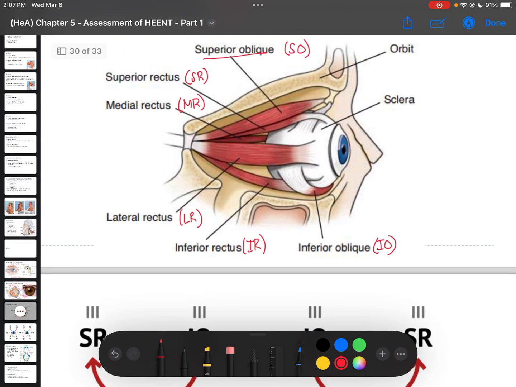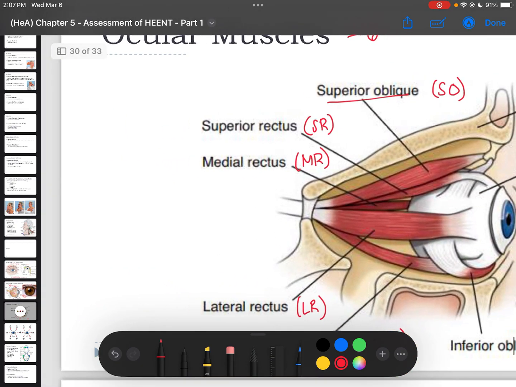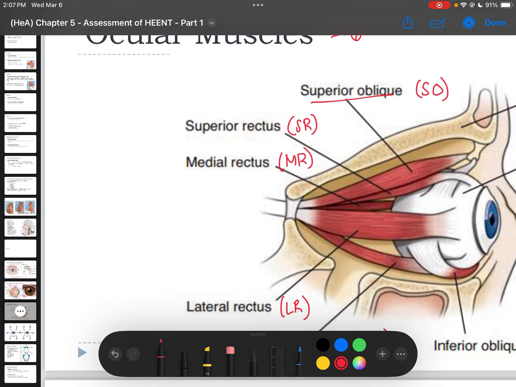Always remember, class, these 6 muscles are innervated, or controlled, by 3 cranial nerves.